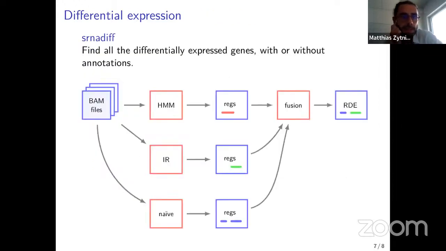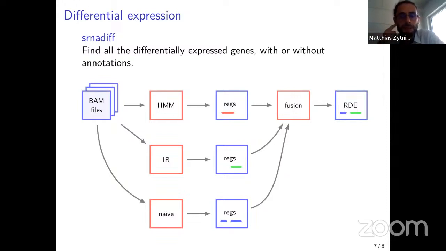So this is what sRNA diff does. It uses your BAM files, and afterwards it uses three different strategies that I call HMM, RR, and NAIVE to find several regions. All these regions are merged together to give you a list of differentially expressed regions.